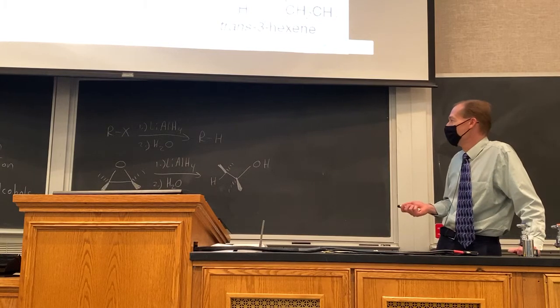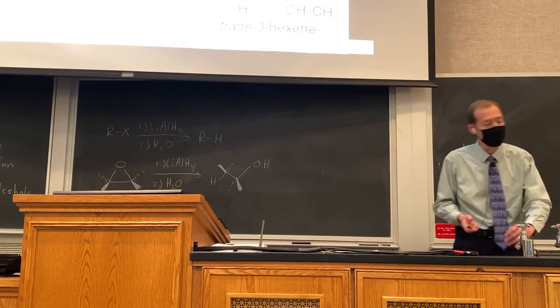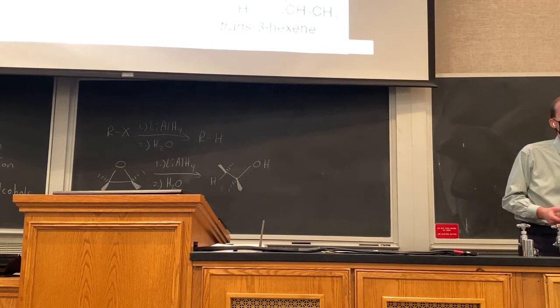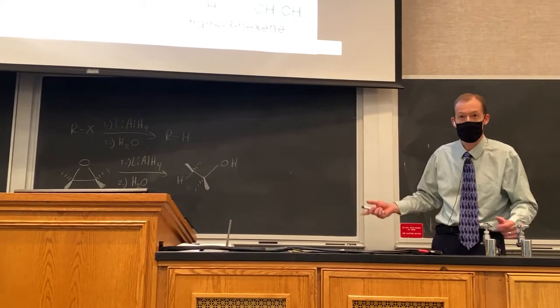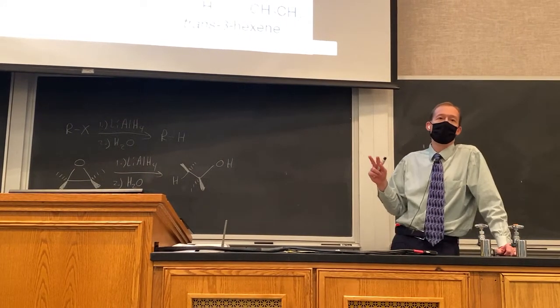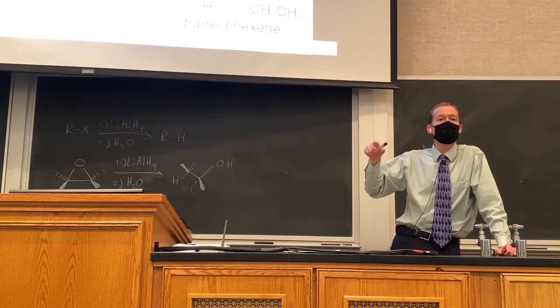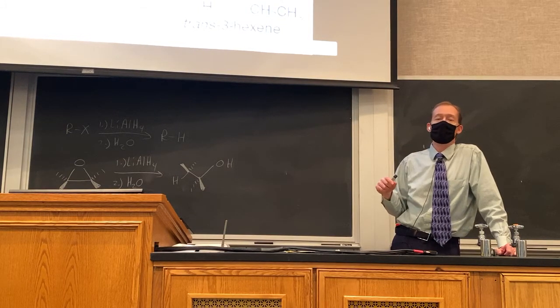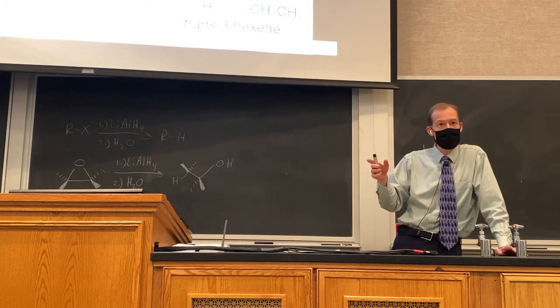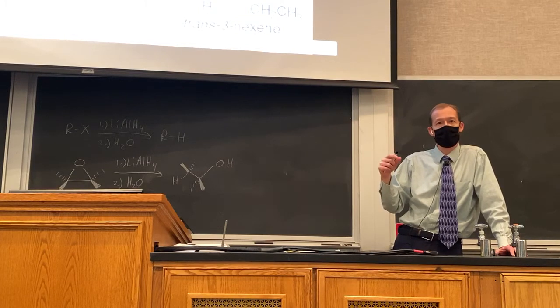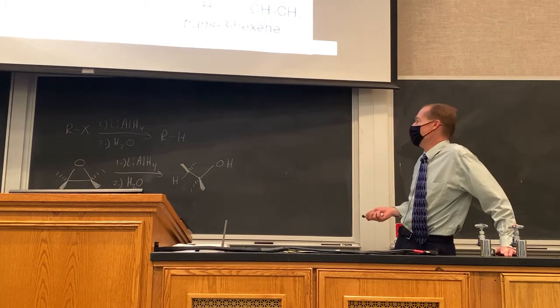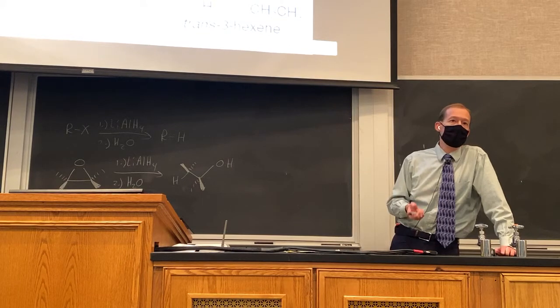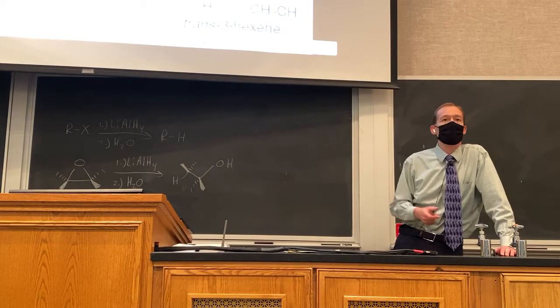We would use lithium aluminum hydride, one of our metal hydride reducing agents, to perform that reduction. On Monday, we talked about our other two types of reducing agents: hydrogen gas, and sodium and ammonia, delivering protons and electrons separately. And this is our third class of reducing agent, the metal hydride reagents.